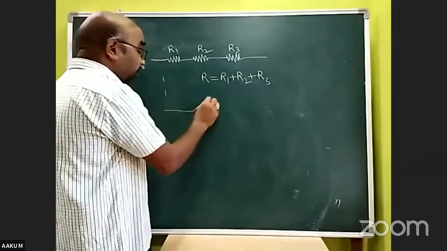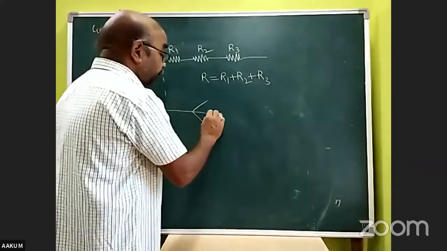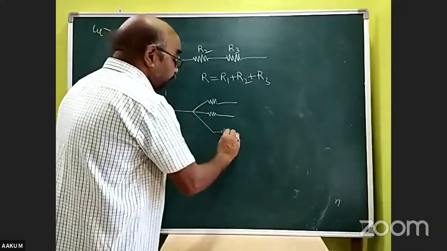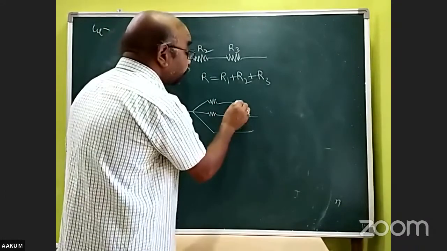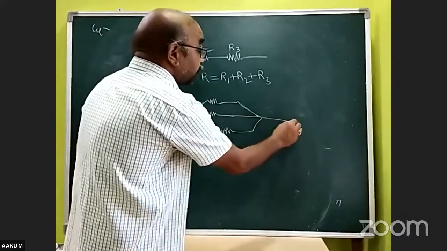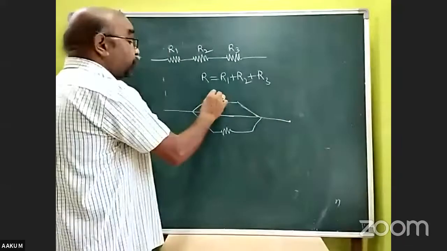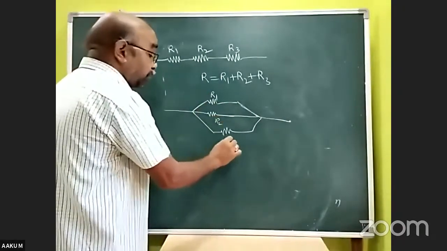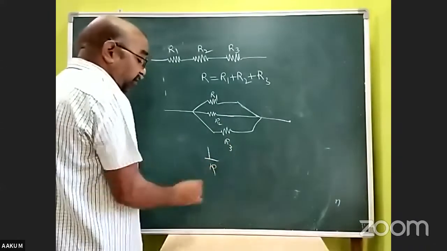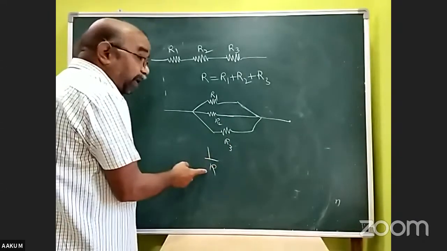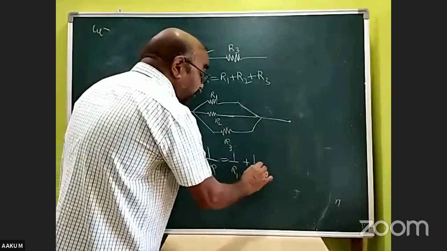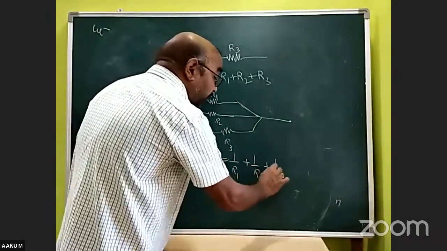If resistors are connected just like this, in parallel, the resultant resistance is R, then its reciprocal is 1 by R, which is equal to 1 by R1 plus 1 by R2 plus 1 by R3.